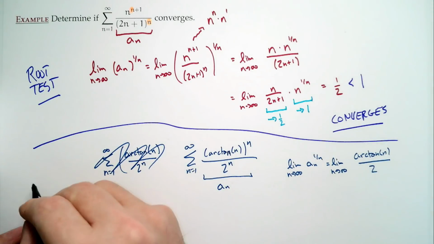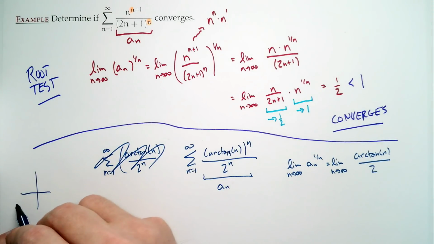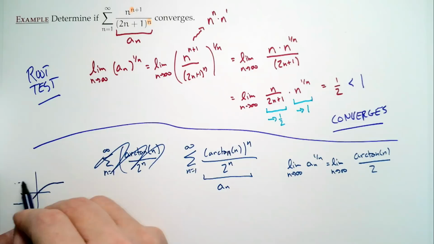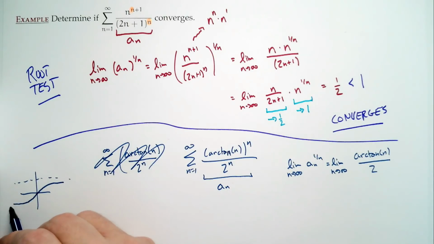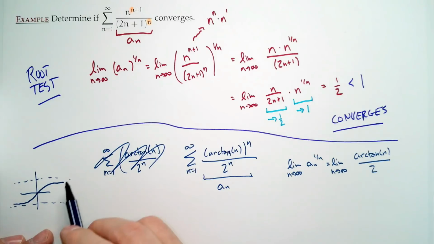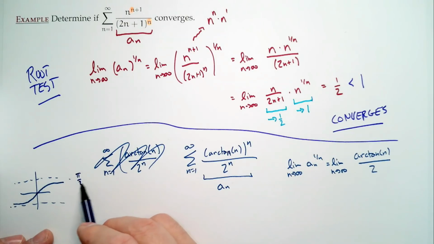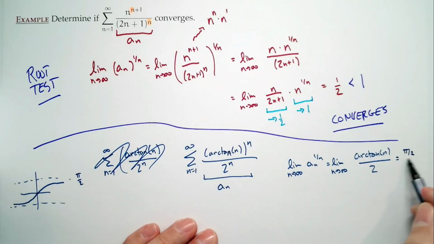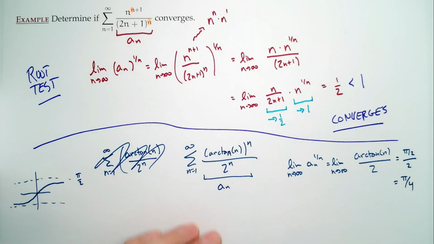Well, arctangent, if you were to sketch it, it does that type of thing. It actually approaches a very specific value. And the value it approaches is pi over 2 as you head to infinity. So this is pi over 2, which is pi over 4. Well, what's true about pi over 4?